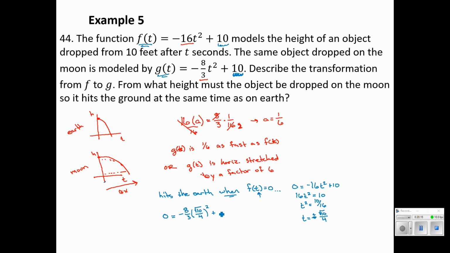So let's see, 0 equals negative 8/3, square the top, square the bottom, plus h, just following order of operations now. And again, we've got that 8 over 16, which can be 1 over 2. And then we've got 10 over 2, which can become 5 over 1. So h is going to equal, across the top, negative 1 times 5, and across the bottom, 3 times 1. So that height is negative 5/3 feet.